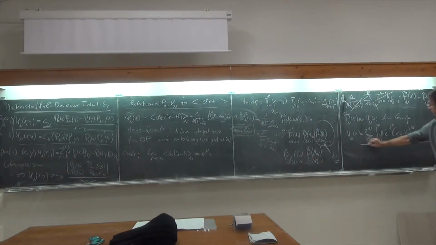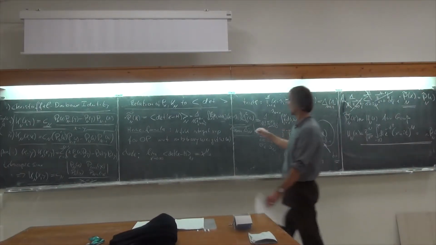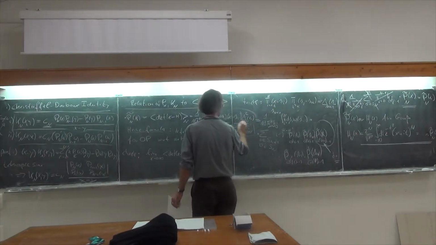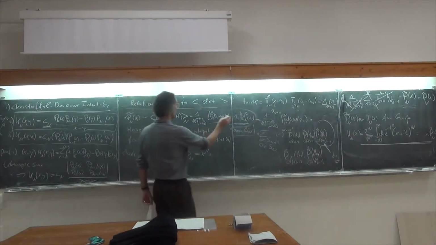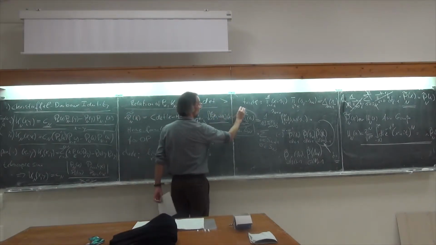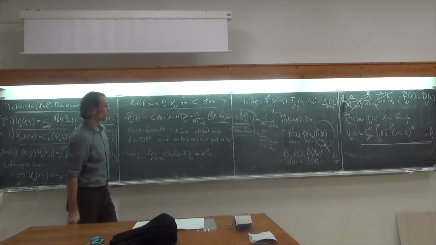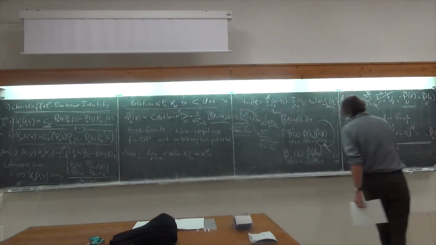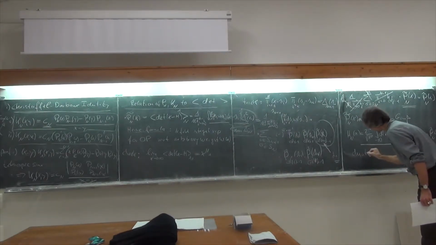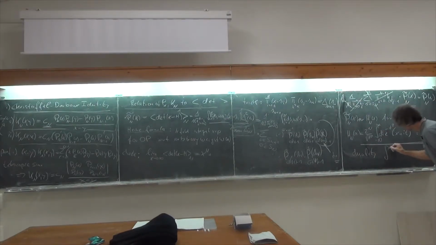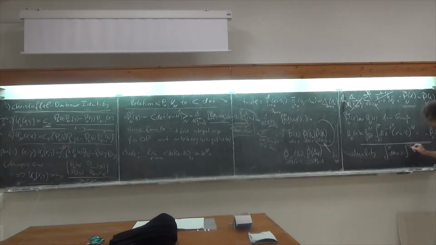So what you realize is that this single integral representation with something to the power n is equal to an n-fold integral with something for the determinant to the power 1. Okay, so this is a kind of duality relation. So integral to the power n of that is integral to the power 1 of that to the power n.